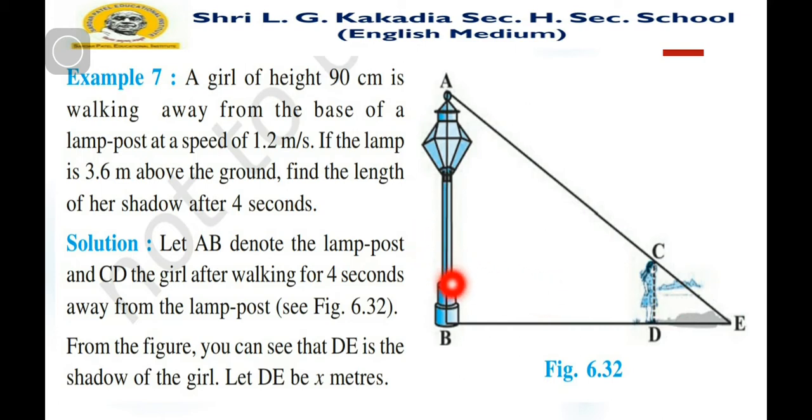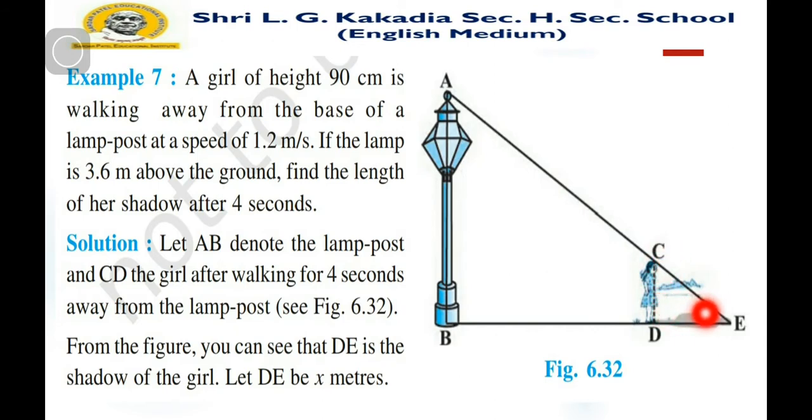Now you can see that if you draw triangle ABE and here CD, we get two triangles, ABE and CDE.